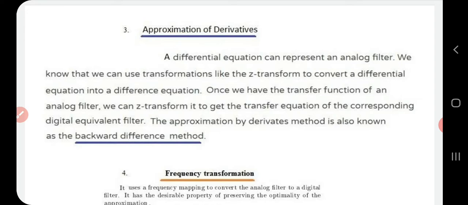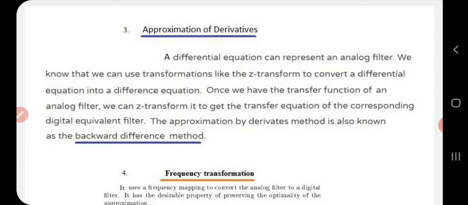That is, the conversion of an analog filter to a digital filter is nothing but the conversion between the transfer functions. So once you get the transfer function of the analog filter, then you can get the transfer function of the corresponding digital filter by applying the Z transform. That is what they are telling.